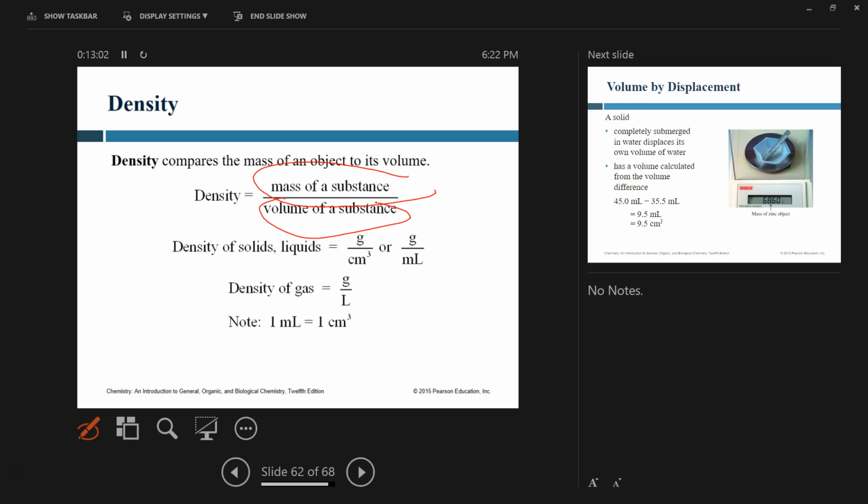If you increase the volume, like if you take a bigger chunk, it will occupy a bigger volume, but it will also contain more atoms. So density doesn't really change. Does that make sense? Yes. Let's say you melt the iron.